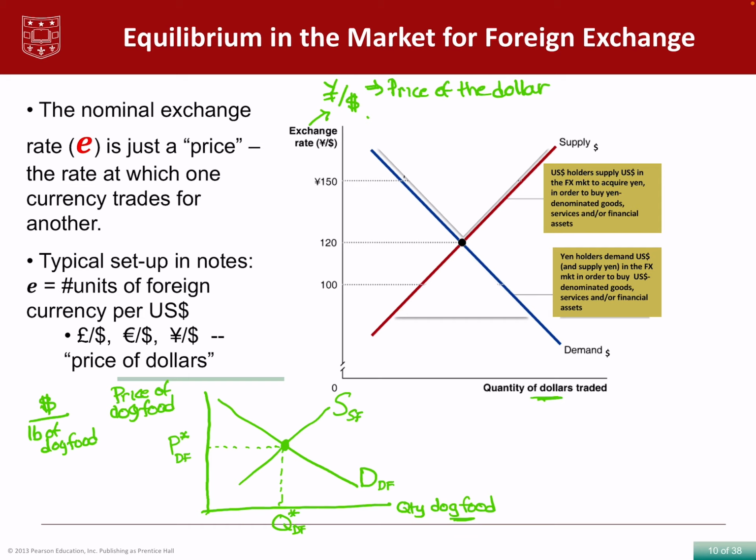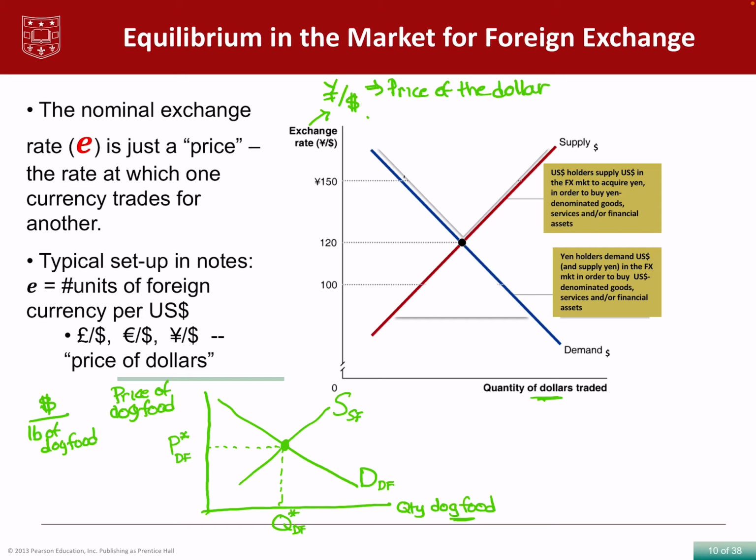So, specifically, if we're going to talk about the bilateral, meaning two-way, exchange rate between Japan and the United States, we would say that the demand for dollars is arising because there are people in Japan who would like to buy dollar denominated goods or services or financial assets, and they need to swap their yen, so they're suppliers of yen and demanders of dollars.